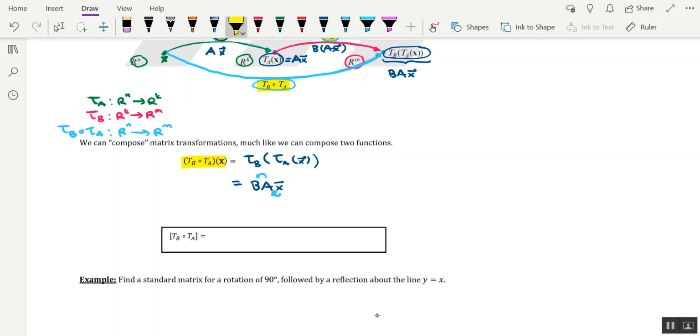So you see in the little box here we have bracket capital T sub B circle T sub A. That can be rewritten as bracket T sub B, bracket T sub A. And really bracket T sub B is notation for the standard matrix for the transformation T sub B. So you could really drop that notation and just write the letter B, which represents the standard matrix being used for that transformation, and then you could write the letter A, which is the standard matrix representing the transformation T sub A.